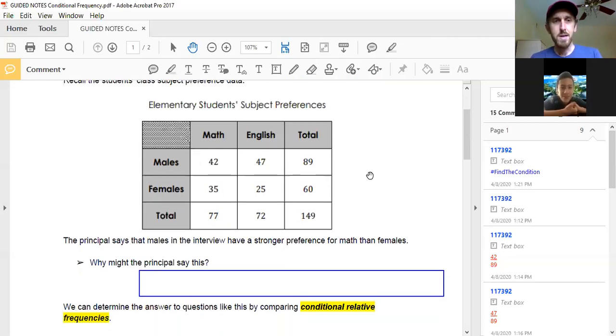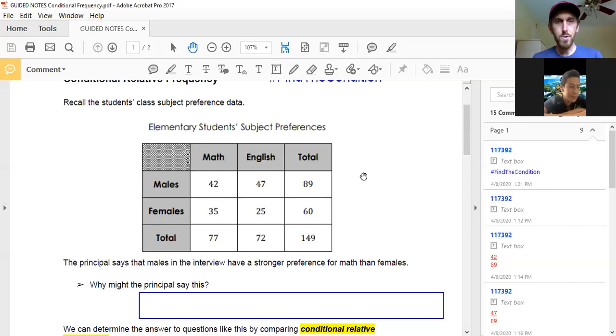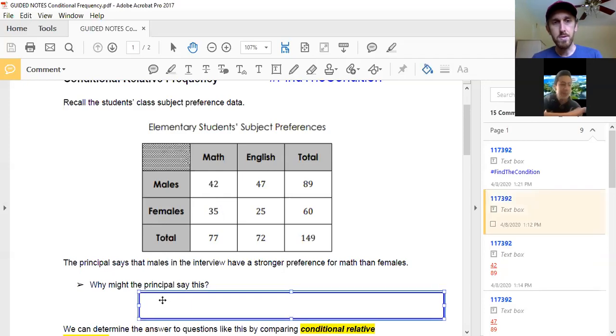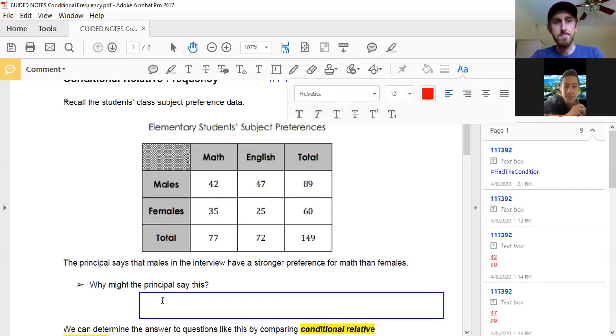When you said more boys like math than girls, what are you looking at here? At my math section, my math boxes. So you agree with Mr. Yockel here, right? Yes, I agree. And why specifically do you agree that more boys like math than girls?